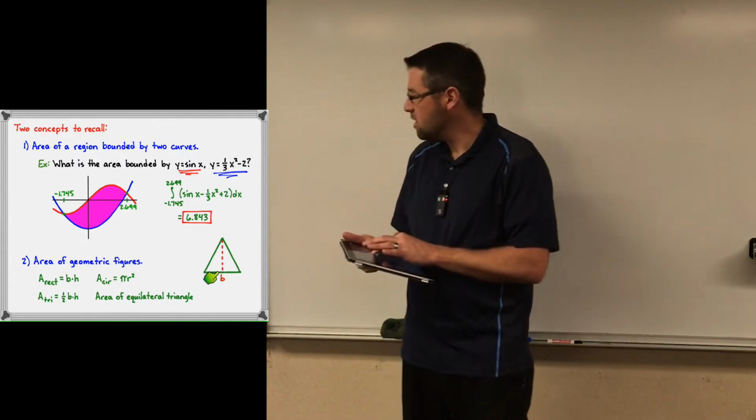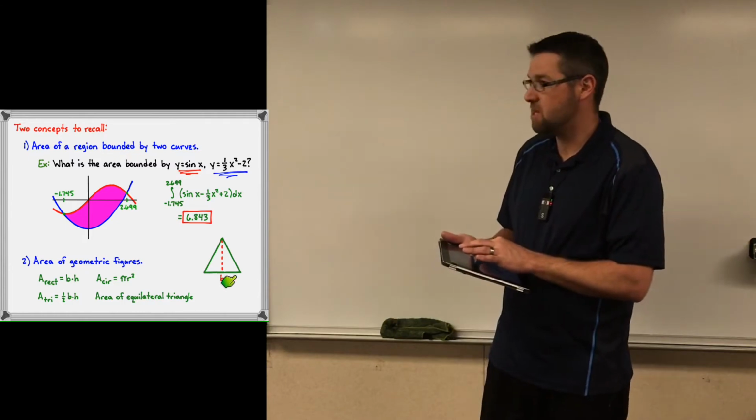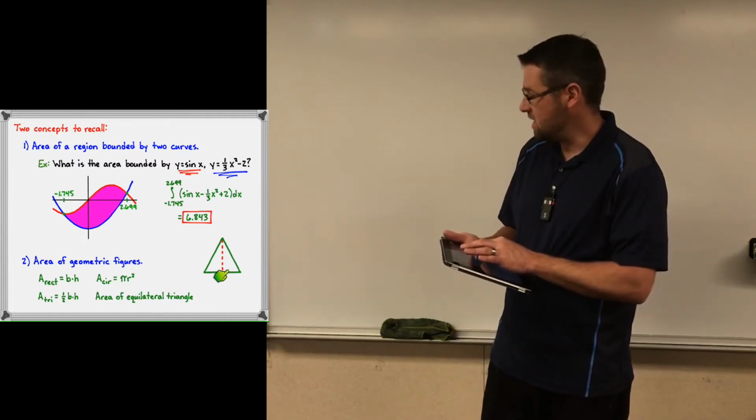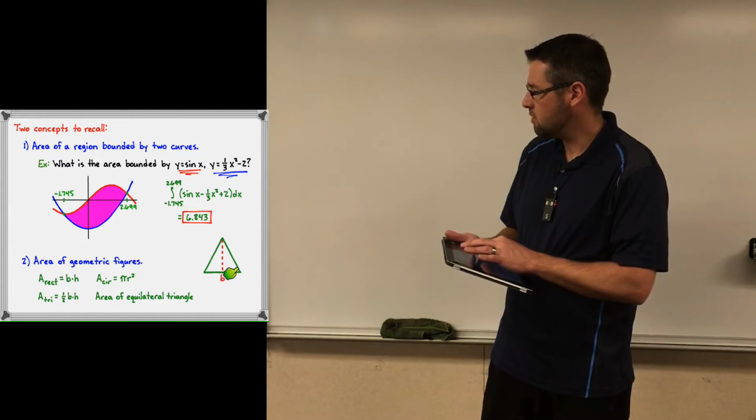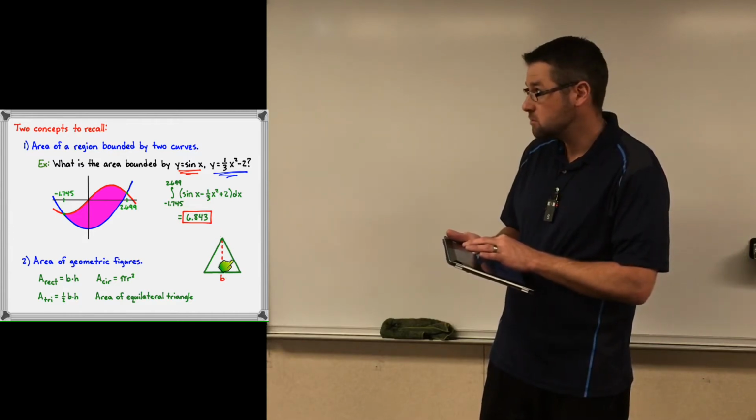Divide this into 2, so this would be b over 2, right? And then what's this length? It's equilateral. So what is this?